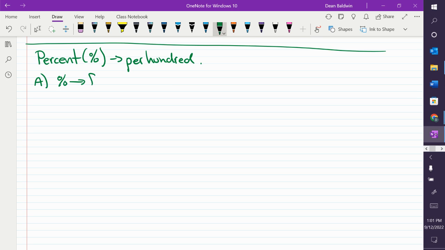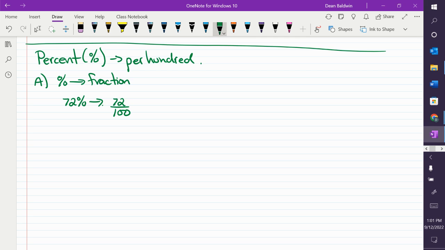We're going to convert a percent to a fraction. If I say 72%, what is that as a fraction? 72 over 100. That's all you do. You take the percentage and divide it by 100. So that's what percent means.